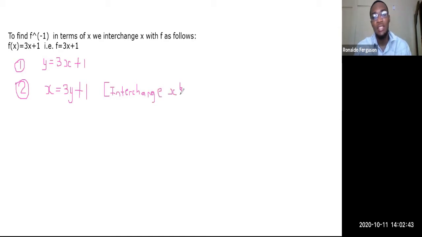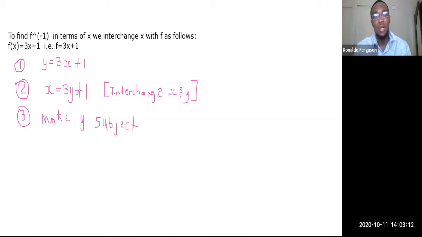After you interchange x and y for step 2, step 3 is make y the subject. So you make y the subject again.